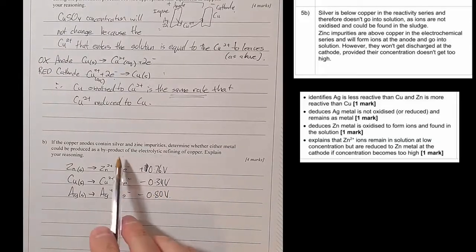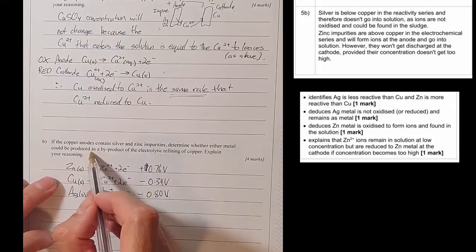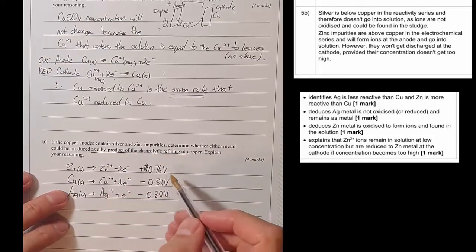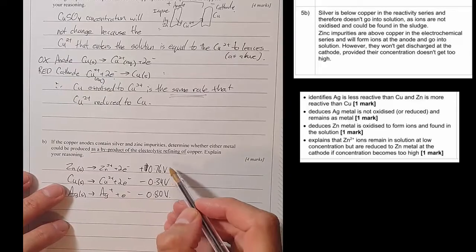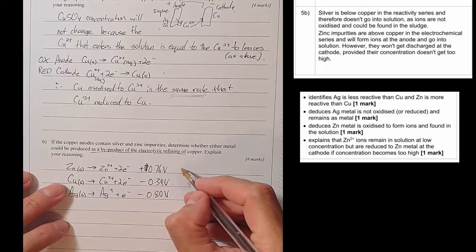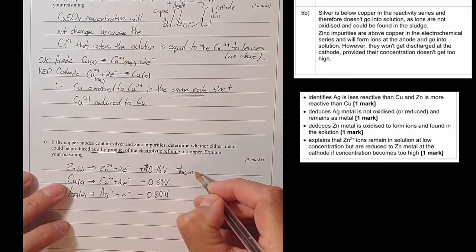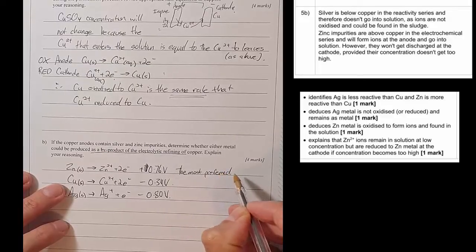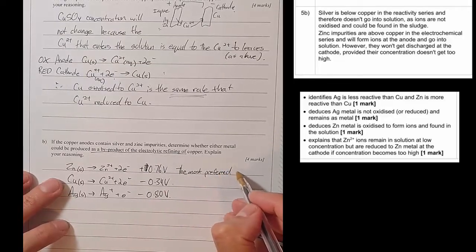Okay, so what's going to happen? Could you get the metal out of it? So what's going to happen is this one is going to be preferred. This one's going to be the most preferred to be oxidized.